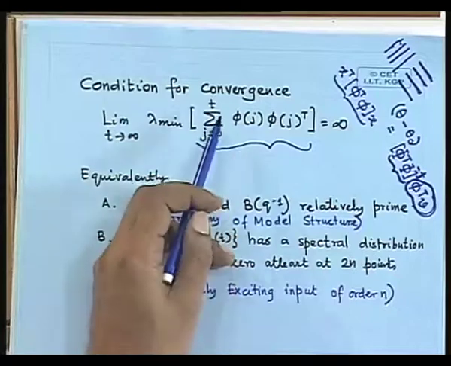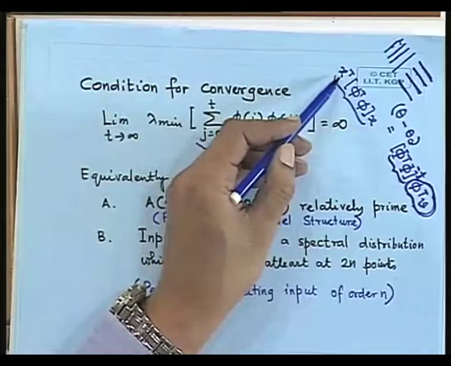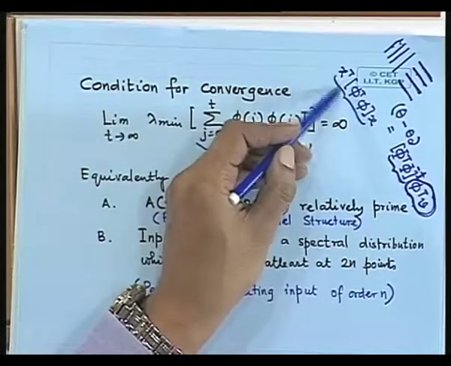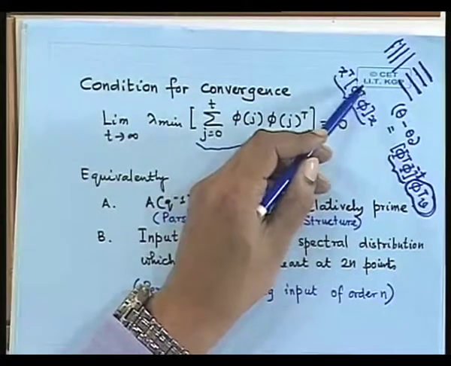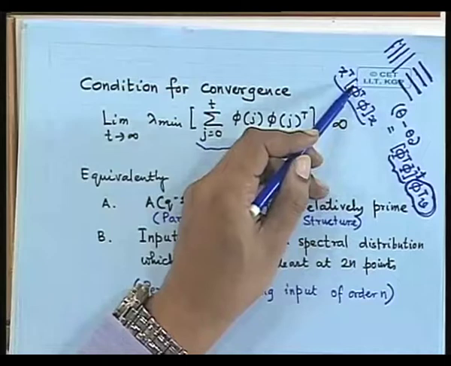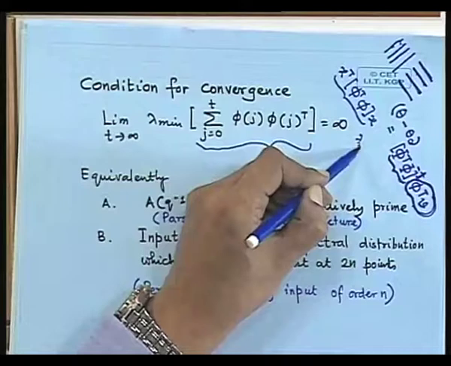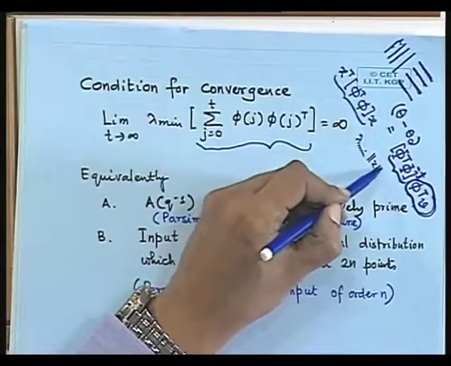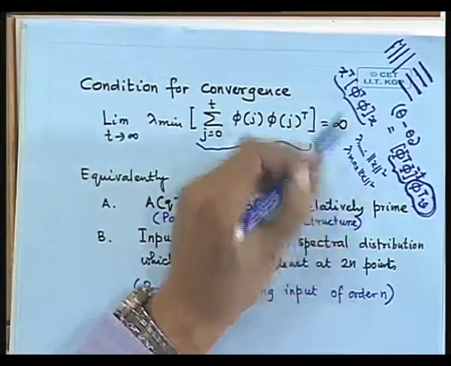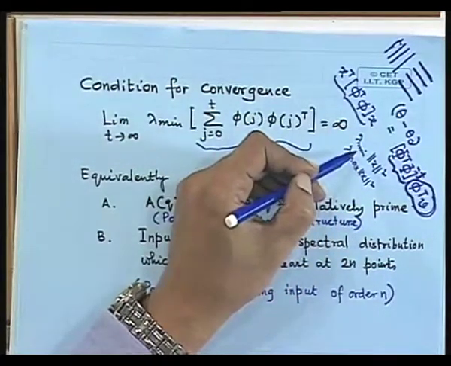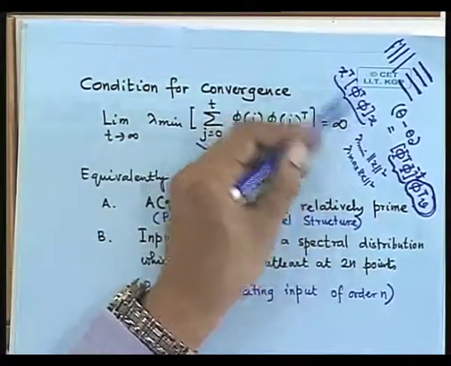So what you are requiring now, it is well known that for any vector x, this value is a number, and for any matrix A, x transpose Ax always lies between lambda min times norm of x squared and lambda max times norm of x squared.